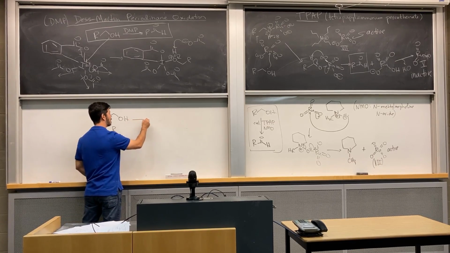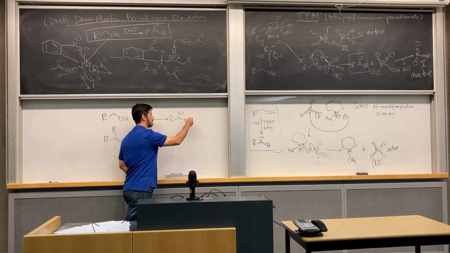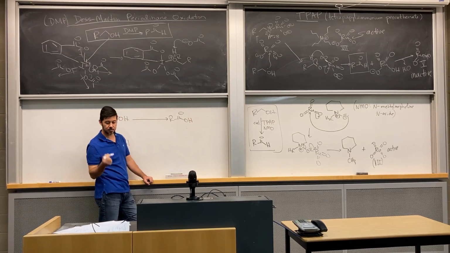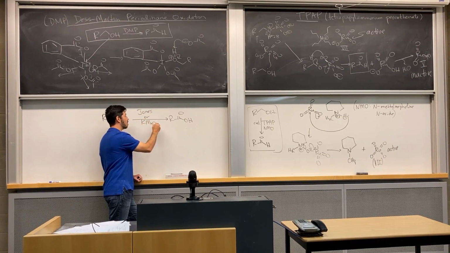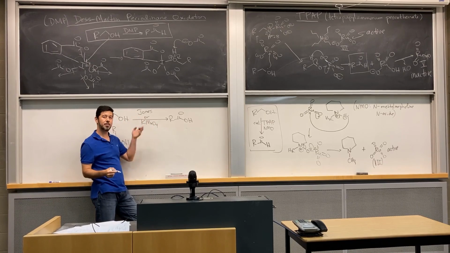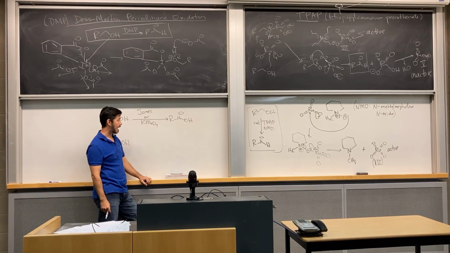And if you want to oxidize this all the way to a carboxylic acid, you've learned good ways to do so, right? You can use things like Jones oxidation, or you can use KMnO4, or we can use a dichromate with strong acid and water, so that would work pretty well.